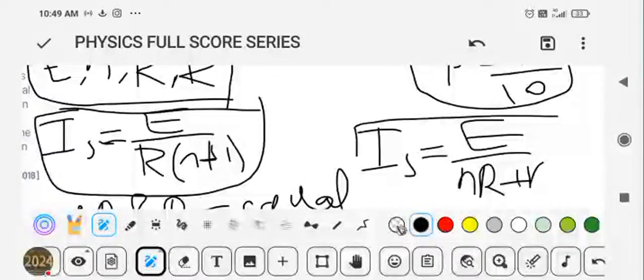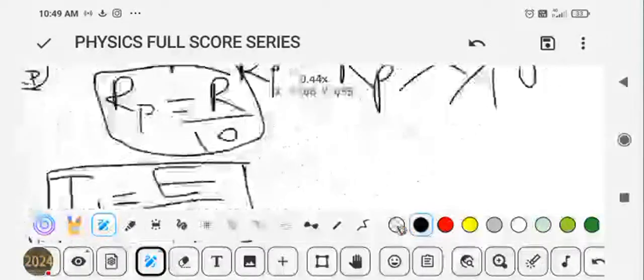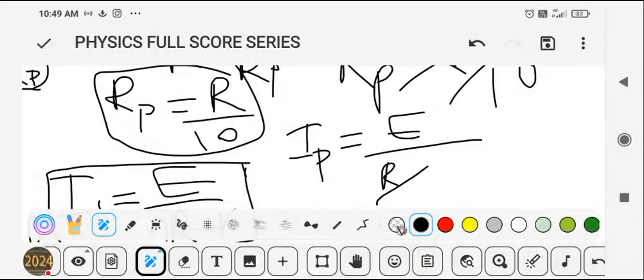This is if they have given different internal resistance and resistance. In this question, they have given the internal resistance and the resistance as the same. Same with the parallel: IP is equal to, if those are different values, EMF divided by (R by n plus r).